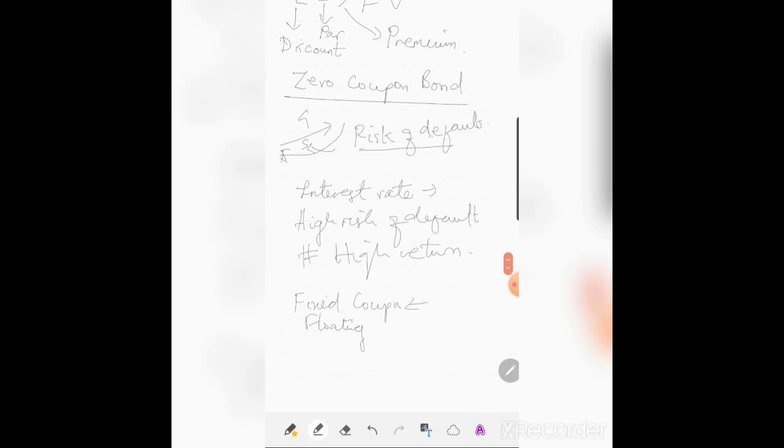In the fixed one, all the timing as well as the amounts of the cash flows are known in advance.